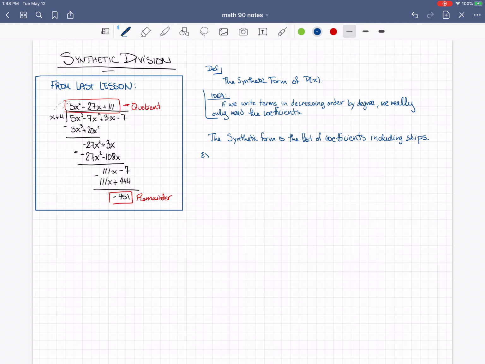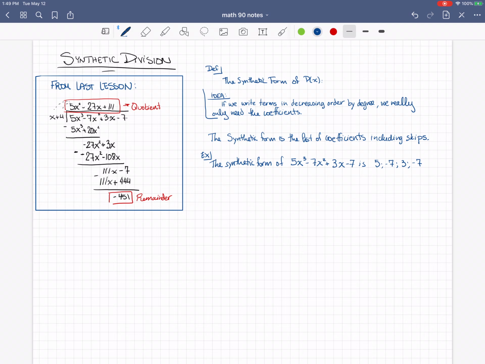So for example, just looking at what we did in the last lesson, the synthetic form of 5x cubed minus 7x squared plus 3x minus 7 is, and then I like to separate with something, semicolons, you can do commas, it really doesn't matter, because I don't ever want to accidentally think that that negative 7 and that 3 are actually a negative 73, right? I want it to be very, very clear.